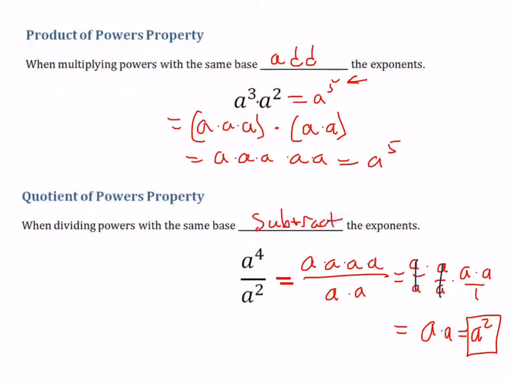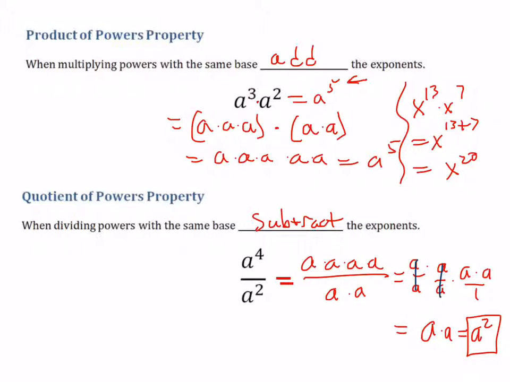Okay? So if we have, it doesn't matter what we have, x to the 13th times x to the 7th. Well, that's going to be equal to x to the 13 plus 7, which is x to the 20th. So we can simplify it as the same base.